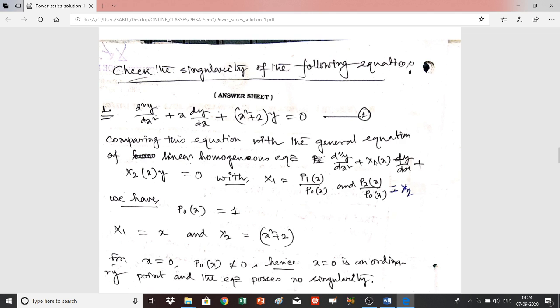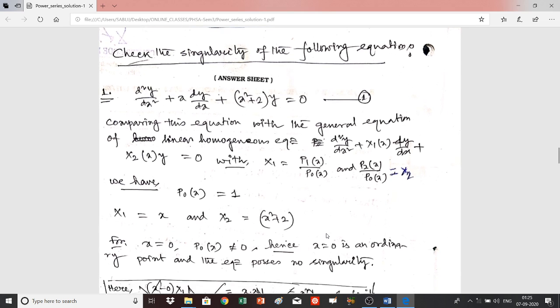So X1 is equal to P1(x) by P0(x), where P0(x) is equal to 1 and P1(x) is equal to x, so X1 is equal to x by 1, that is equal to x. Then X2 is equal to P2(x) by P0(x), that is equal to x square plus 2.